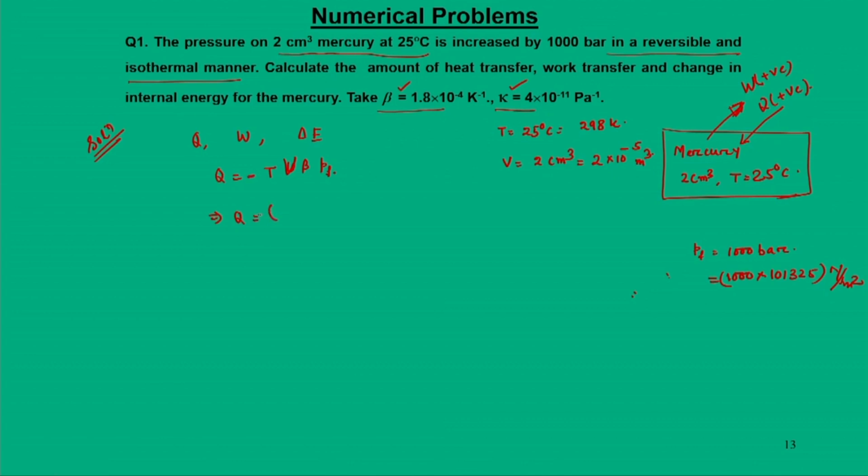So, by inserting these values we get Q is equal to minus, T is 298 into 2 into 10 to the power minus 5, beta is 1.8 into 10 to the power minus 4, Pf is 101,325 into 1000.